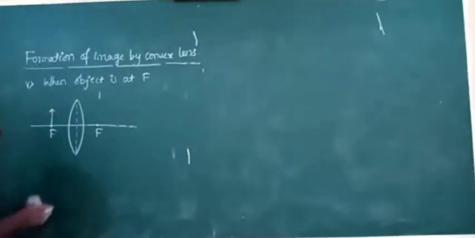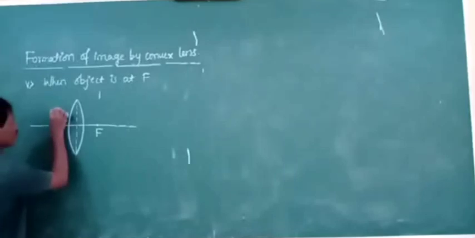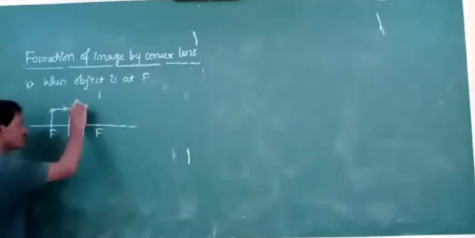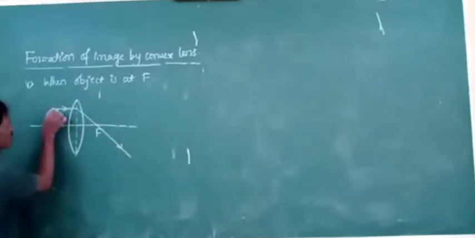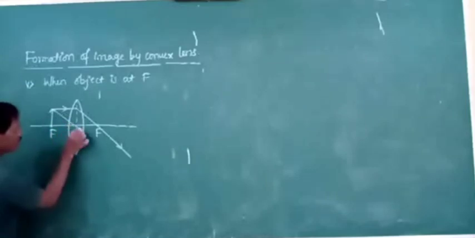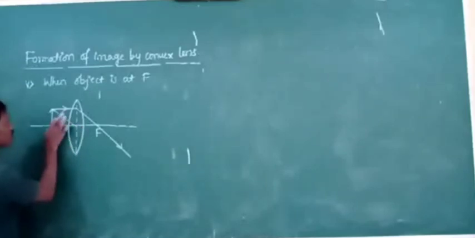First, the incident ray is parallel to the principal axis. After refraction, the refracted ray passes through the second principal focus. And one more incident ray, passing through the optic center, passes without any deviation.